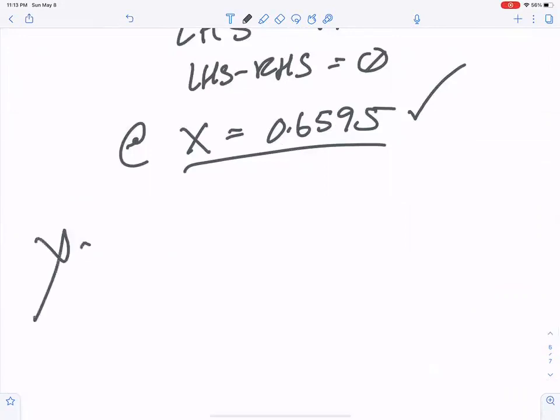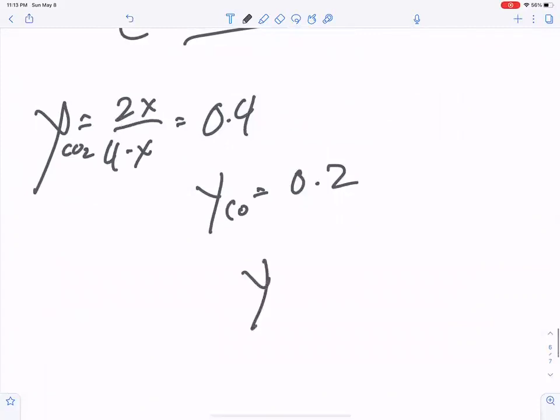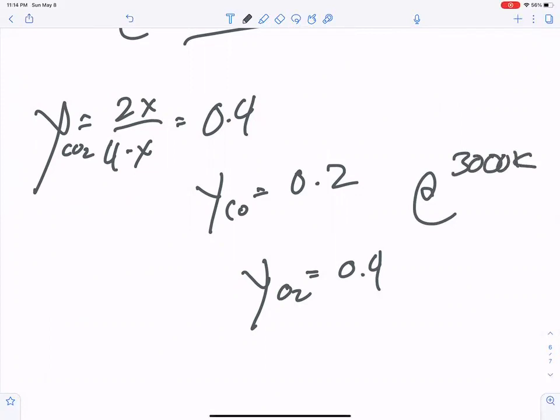So y equals, I'll just repeat one of them quickly, 2x over 4 minus x equals 0.4-ish. So y of O2 equals 0.4 at 3000 Kelvin equilibrium, P equals 1 atm.